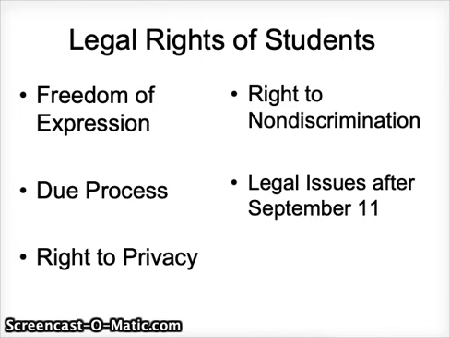And then finally on this slide is legal issues after September 11th. When we talk about September 11th, 9/11, for those of you that don't know the short way of what we refer to when we say 9/11. After 9/11, so many issues came up about students being able to carry cell phones so that parents could reach them in the case of an emergency or a lockdown.